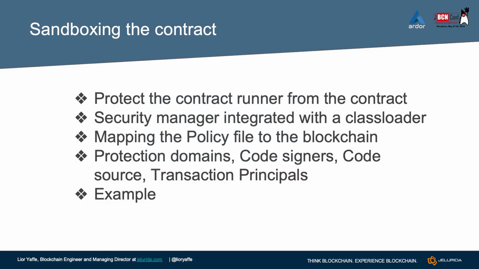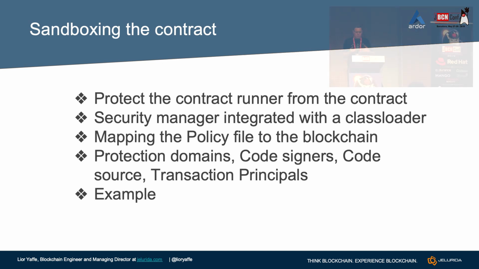Then another concern: ideally we want to get sort of an app store for contracts. We want software developers to develop contracts and deploy them to the blockchain. We want different entities to actually run these contracts and provide them as a service.